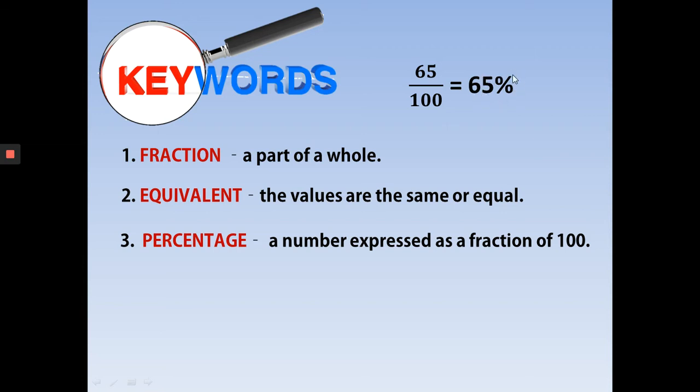So percent here means per is every, and then cent is of 100. Percent means of every 100. So it's almost the same as a fraction with the denominator of 100.